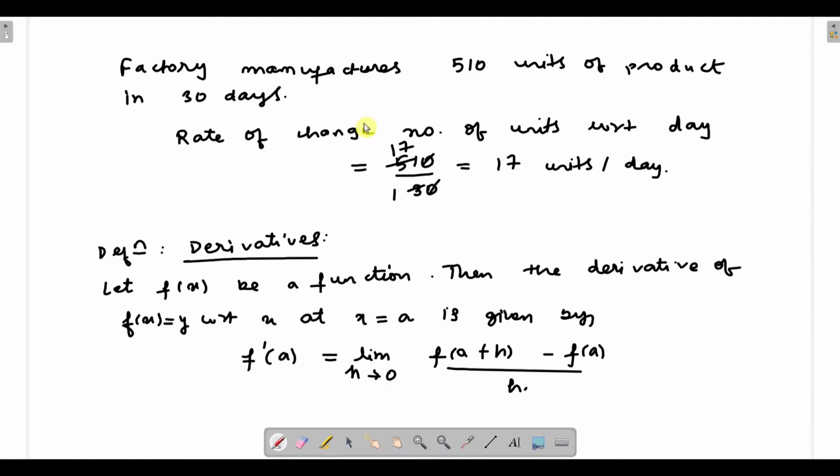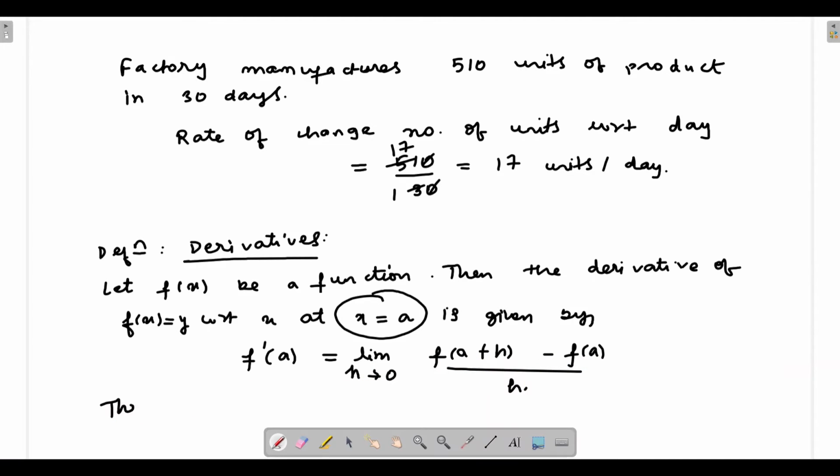Here we are finding the derivative at a point. This is the important thing. What is the definition? f prime of a is equal to limit h tends to 0 of f of a plus h minus f of a divided by h.